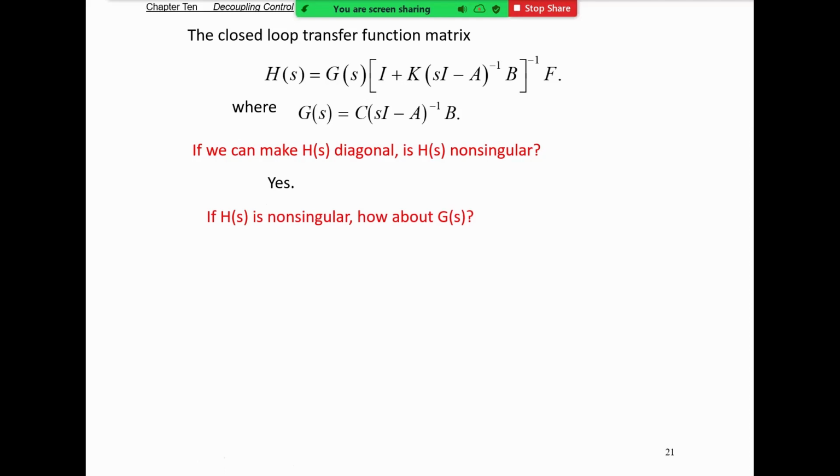If you have a matrix, which means this whole thing is full rank, each element has to be full rank, right? From linear algebra, G has to be non-singular.